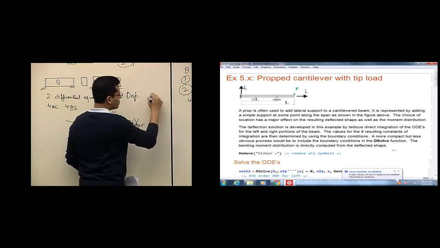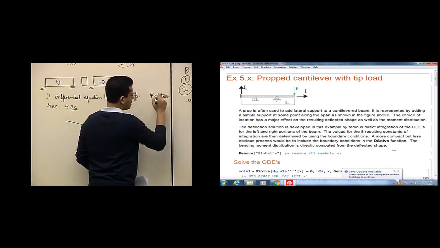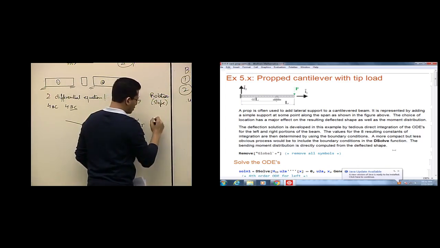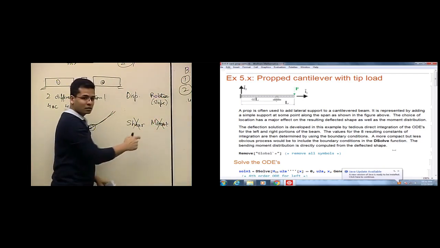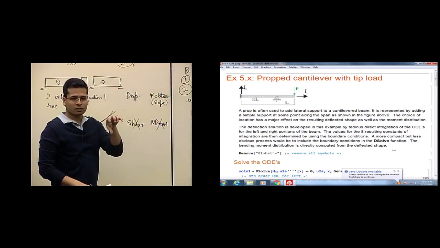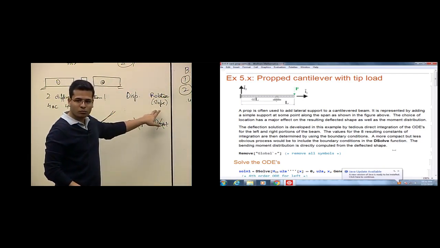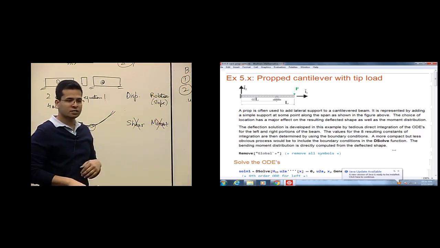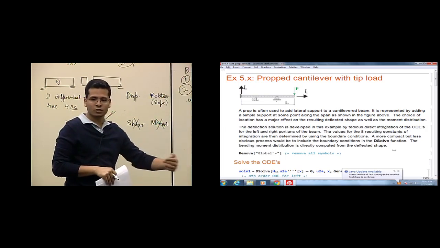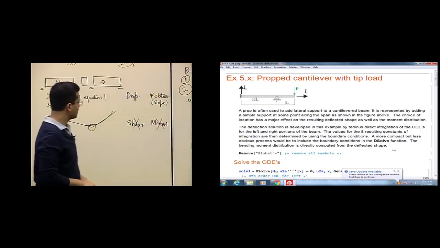If you are imposing conditions on rotations, like the slope, then you cannot have a moment boundary condition, because if you impose a condition on slope, there will be a reaction moment, and that's unknown. We cannot say that moment will be of a particular value or moment will be 0.